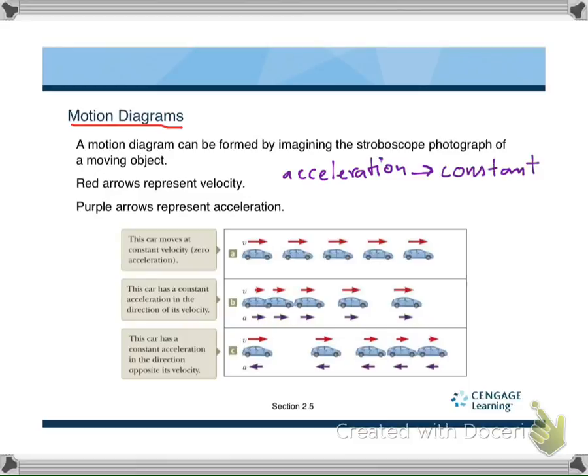Okay, so for this case there are three important cases, and we represent these three cases using the motion diagram here.